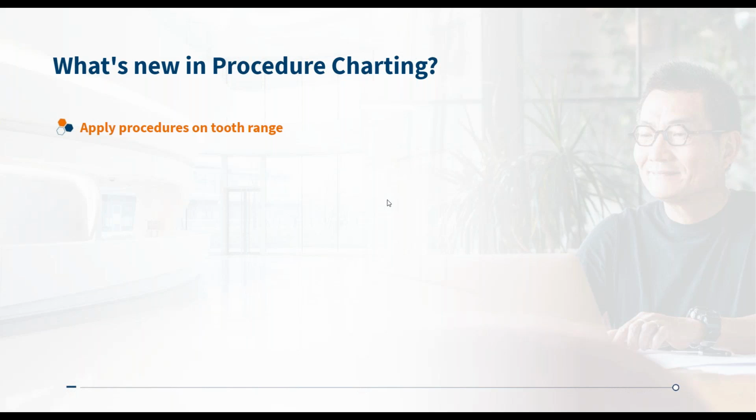In that case, if you do not want to report those procedures on each tooth as a separate line item on your claim, and in fact you want to send a single line item on your claim for that single procedure on multiple teeth, you could enable the tooth range billing option in the latest version. If you apply that one procedure on multiple teeth, IMS will add a single line item entry on your treatment plan, and it's going to display the teeth in ranges.